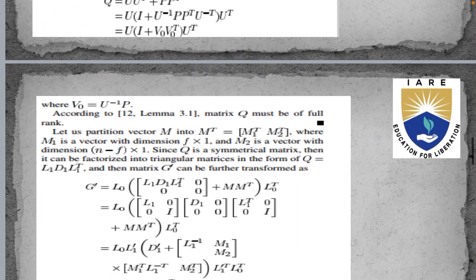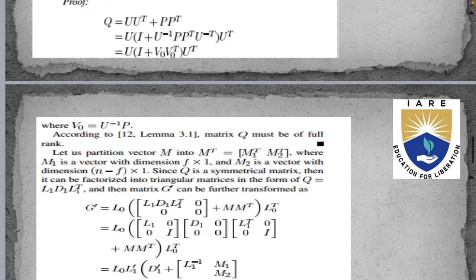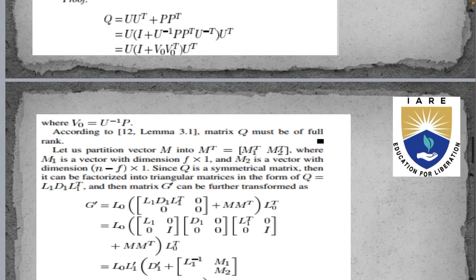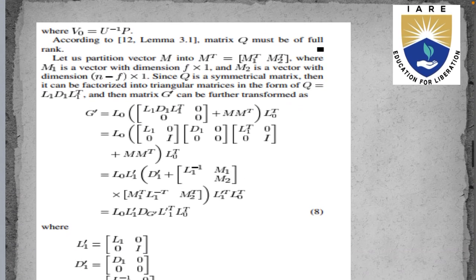By solving this, we get Q = U(I + V0 V0^T)U^T, where V0 = U^-1 P. According to lemma 3.1 in reference 12, matrix Q must be of full rank.